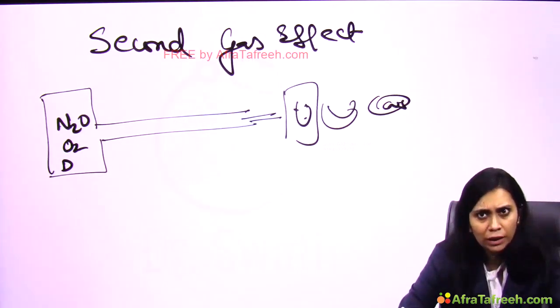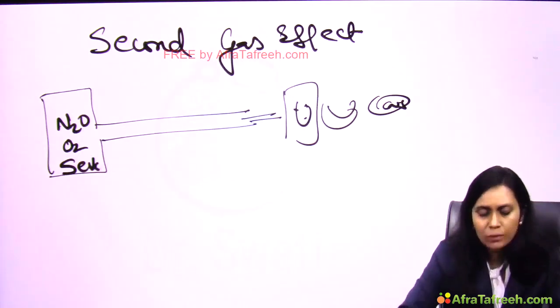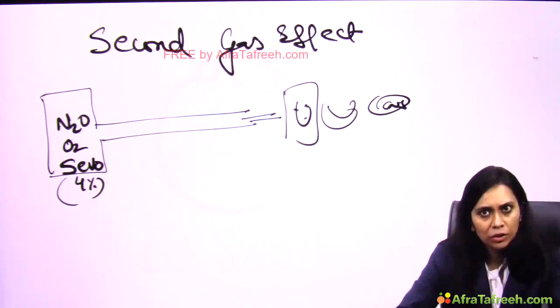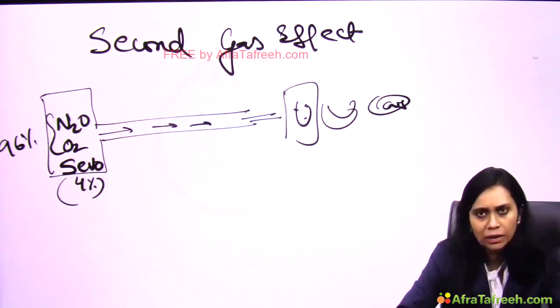What do we use for induction among inhalational agents? Sevoflurane, the inhalational induction agent of choice. I have turned on the vaporizer. 4% sevoflurane is going in the inspiratory mixture. The rest, 96% of the inspiratory mixture, is 70-30 nitrous oxide and oxygen. This is entering the circuit, the airway and reaching the alveoli.